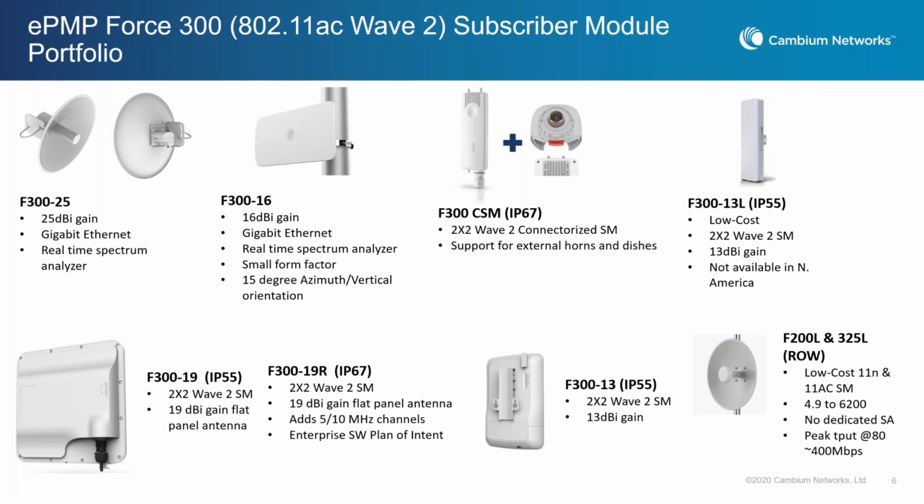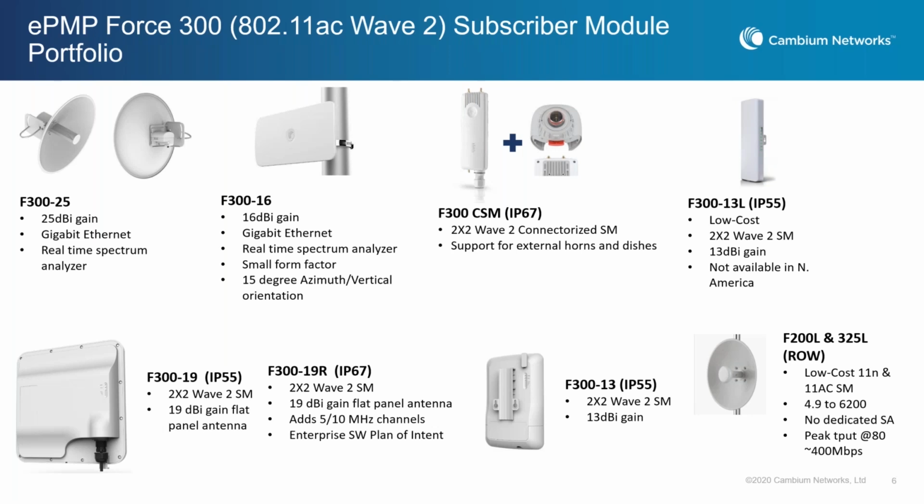So you've got everything from the bottom right, the Force 313 with a 13 dBi gain and a really small form factor, all the way up to the Force 325, which has the dish antenna and gives you the best range in a dish form factor. The Force 316 is quite popular, with that horizontal orientation of the unit.